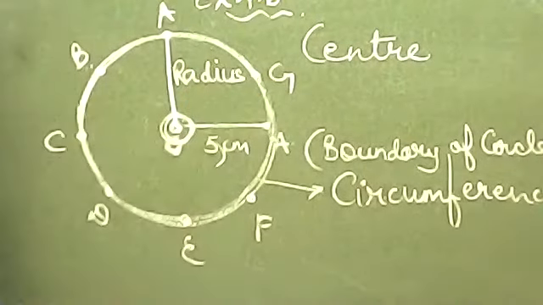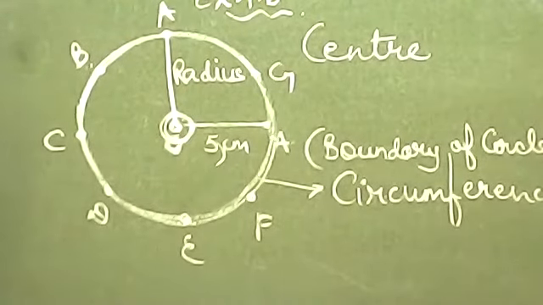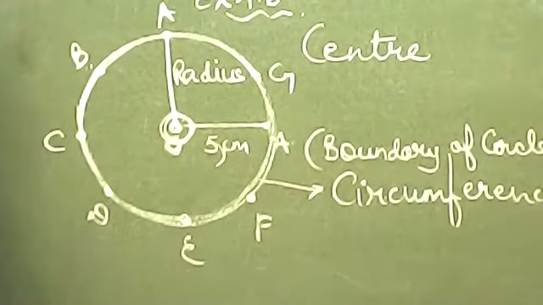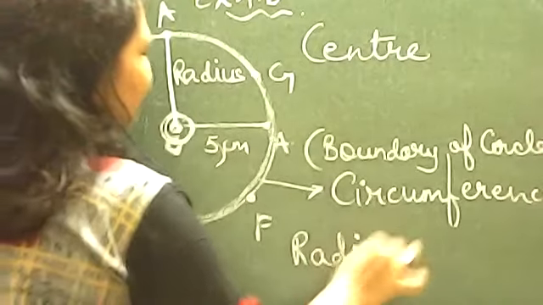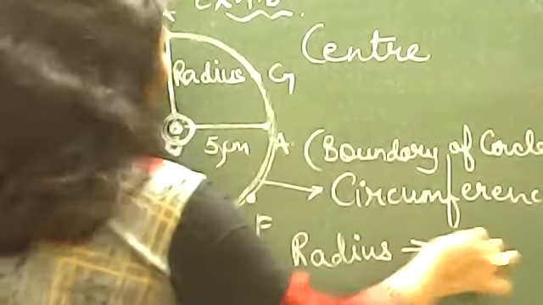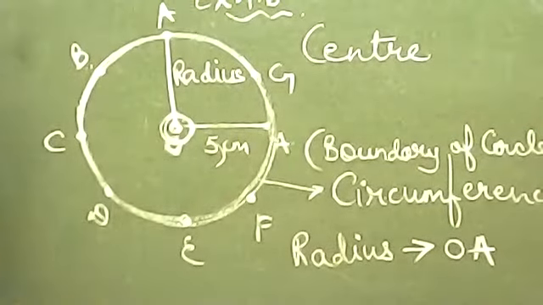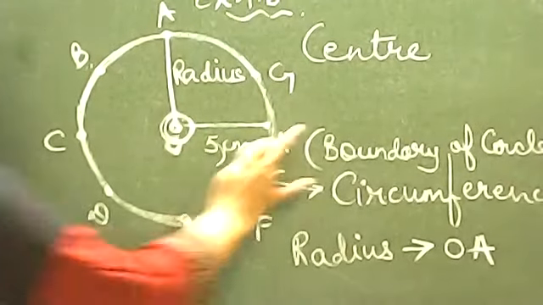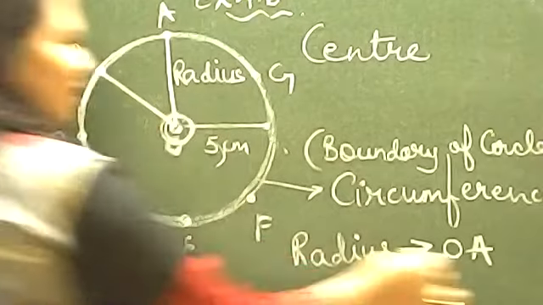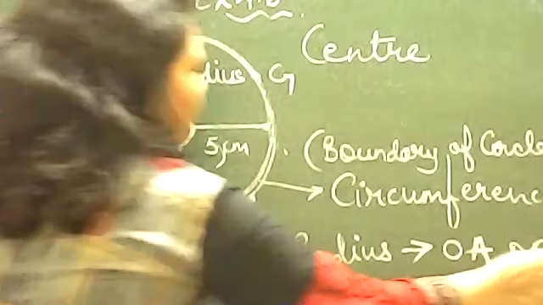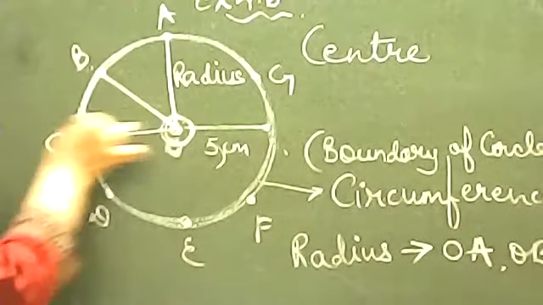We call it radius. It means हमारे पास radius क्या है बेटा? Radius means, right now, I have drawn OA. ठीक है, we have drawn OA right now. Another one is OB. Third one is OC.